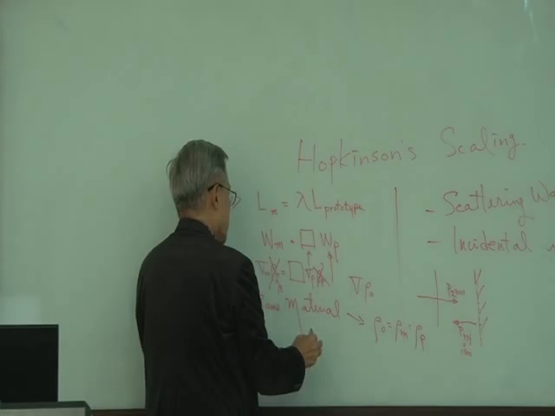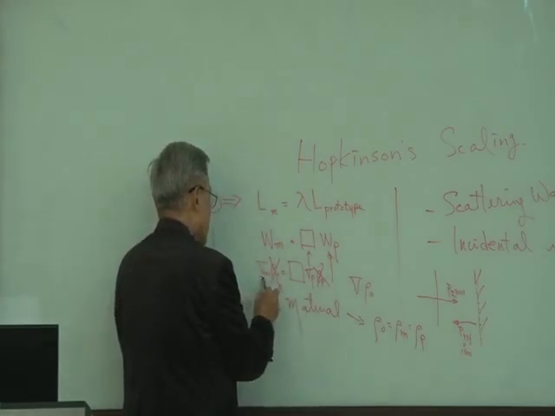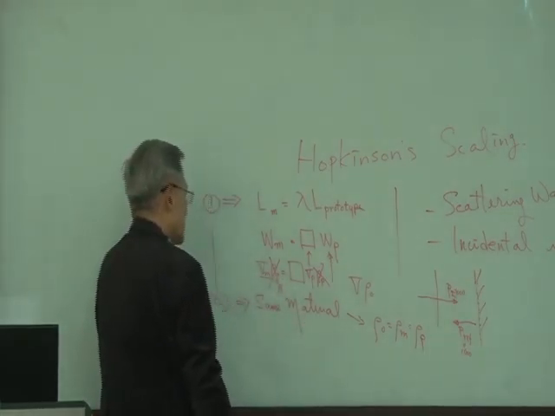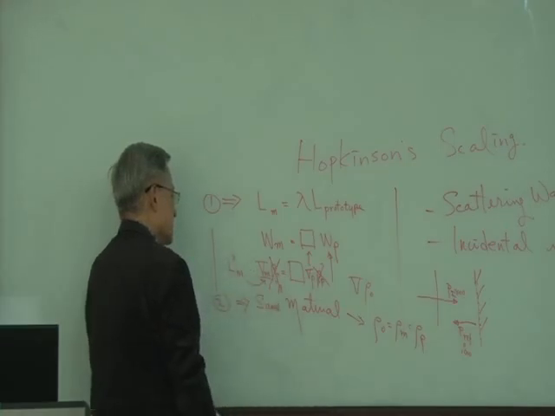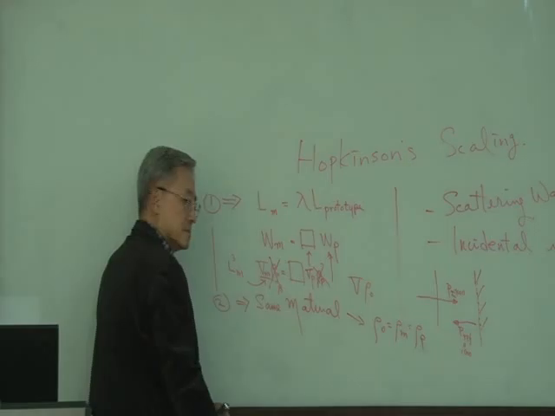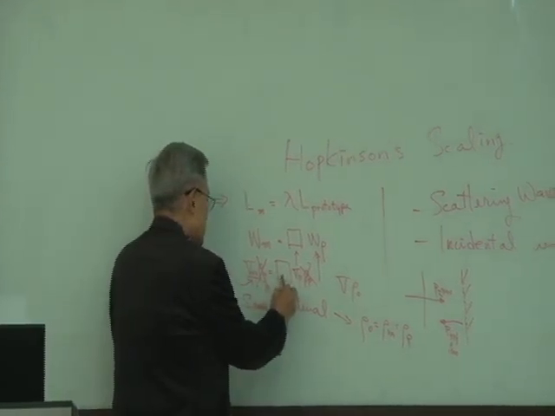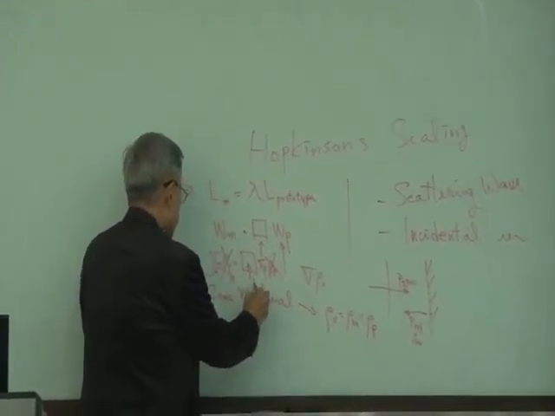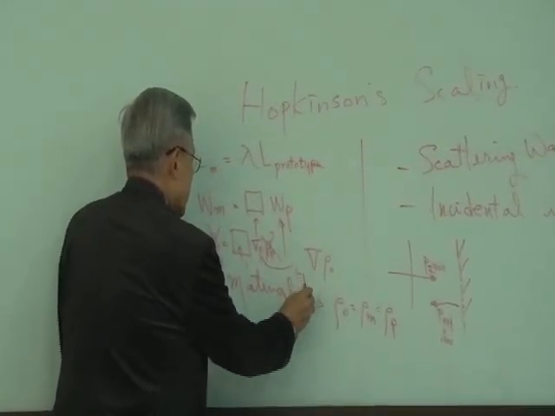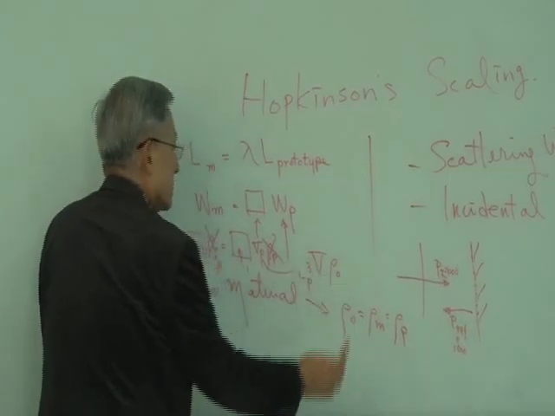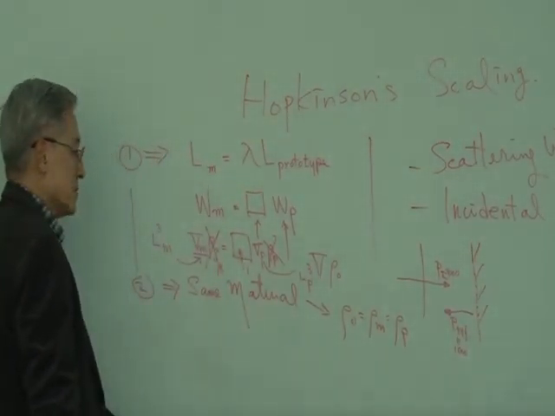And when you just look at the unit, Vm is length model cubed, and Vp is length prototype cubed.